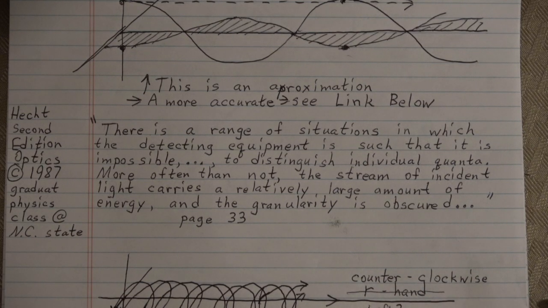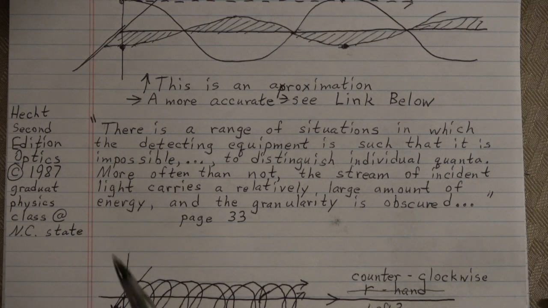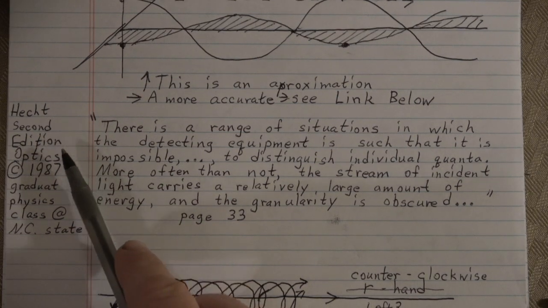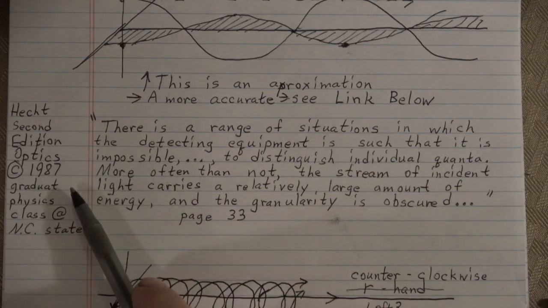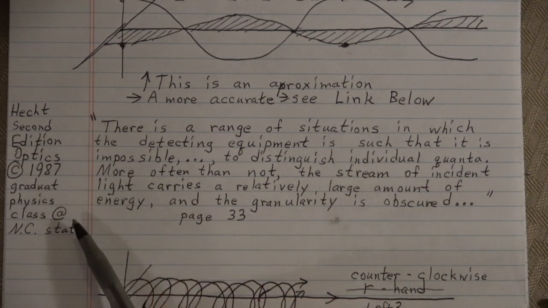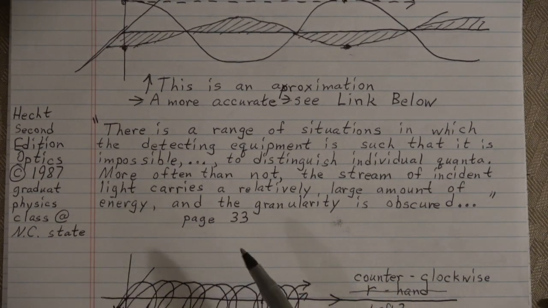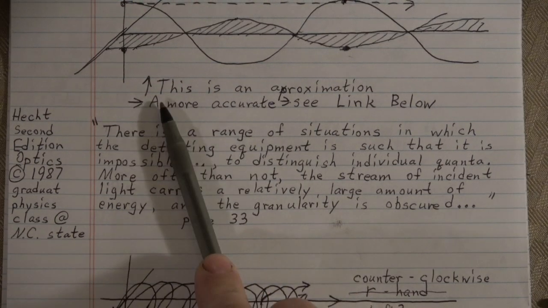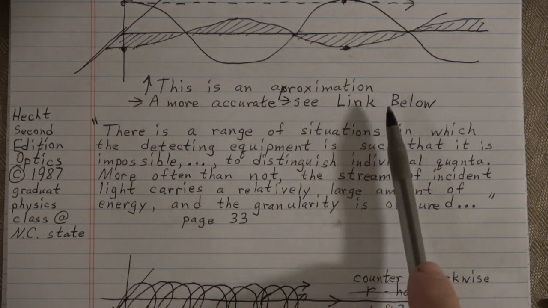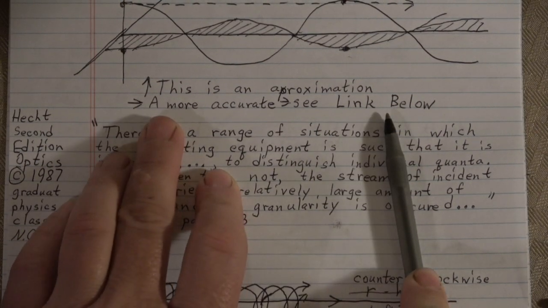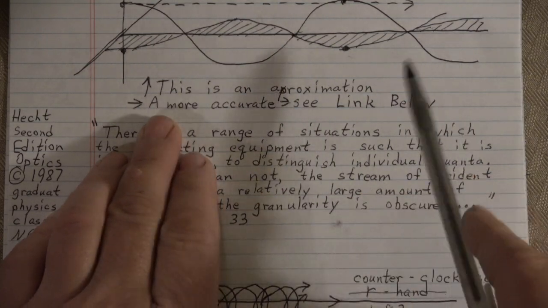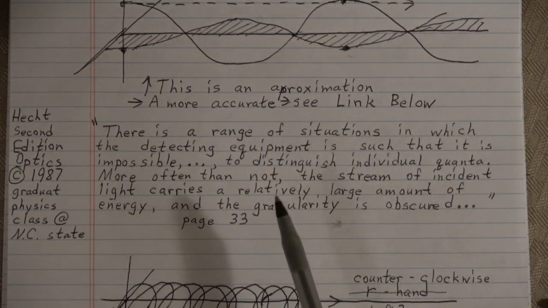It's unproven, and I'm going to go back to a graduate physics course that I had at NC State. The book we were using was Hecht, Optics, second edition, copyright 1987. I'm putting a more accurate link below as to what is more likely to be true.